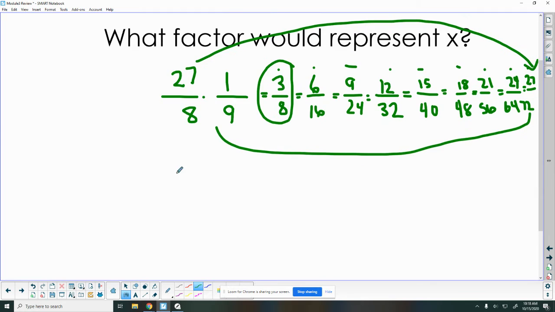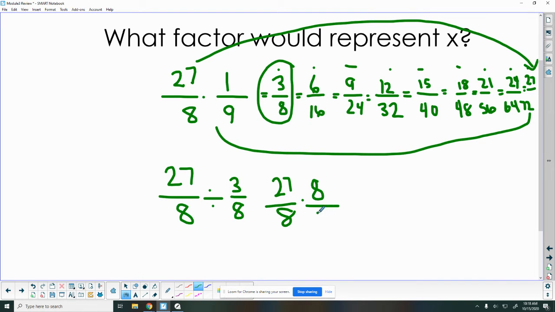So that's one way to think about that. Another was to take our problem and do the opposite, work backwards, which means divide by 3/8 our answer. So I need to copy dot flop. And these 8s cancel out to 1s.